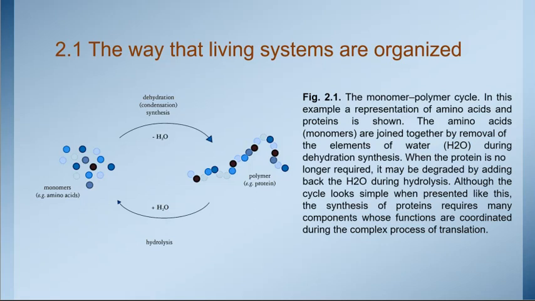The synthesis of macromolecules involves a condensation reaction between functional groups on the molecules to be joined together. This dehydration synthesis forms a covalent bond by removing the elements of water.